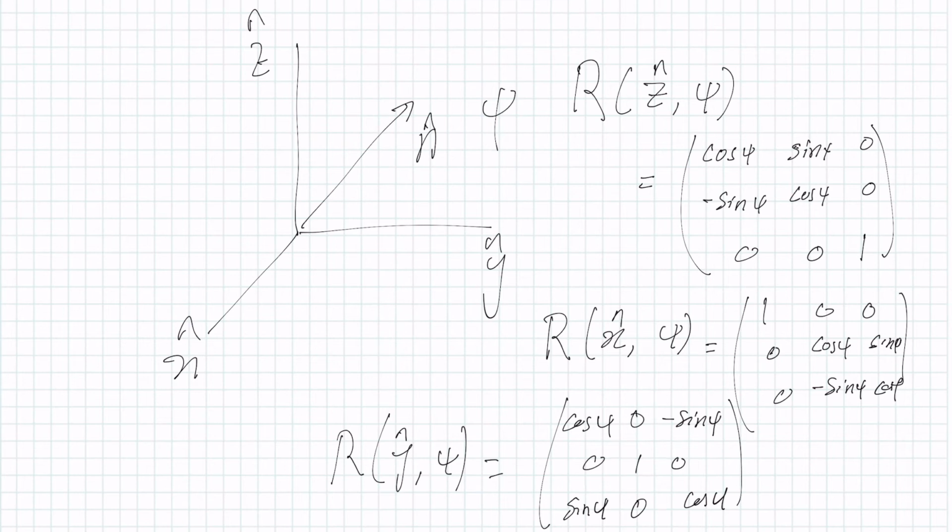So the rotation about these 3 axes can be generated by 3 matrices. So in general, a rotation about a general axis n cap with an angle psi, this is what we want to find out.